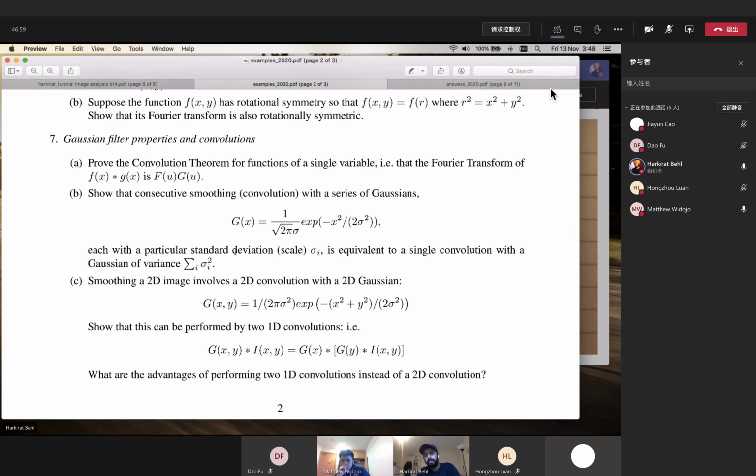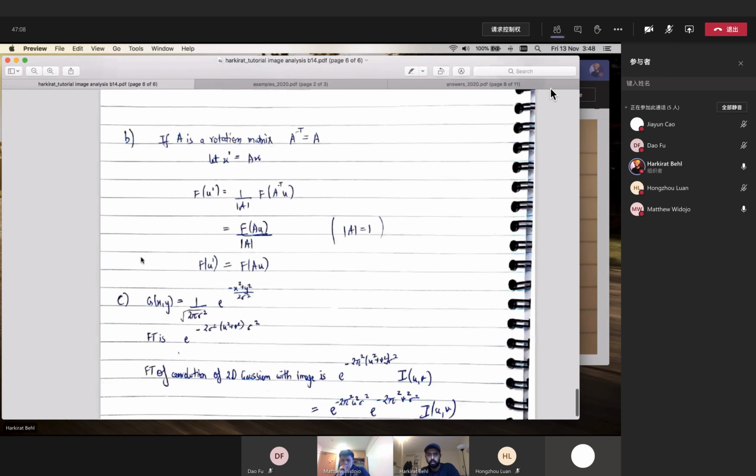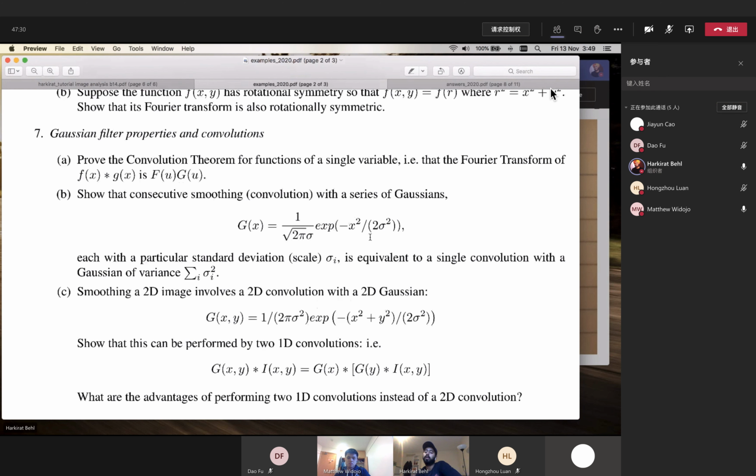The second part is: show that consecutive smoothing with a series of Gaussians, each with a particular standard deviation sigma, is equal to a single convolution. I'm not sure if I wrote the answer for this, but it's not very difficult. I think most of you have done this correctly. If you use the convolution theorem, it becomes a multiplication in the Fourier domain.